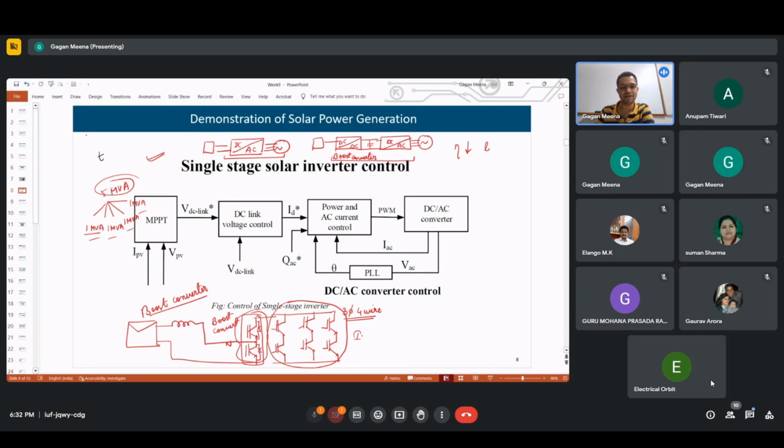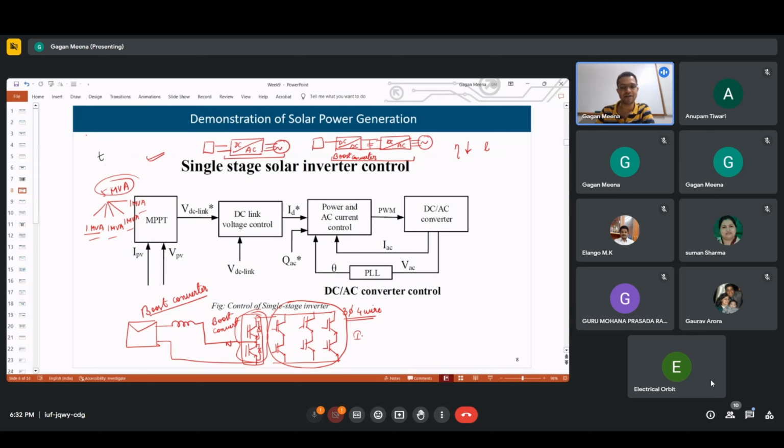After that we have this converter, the back-to-back converter. One is the grid side converter and the other is the rotor side converter, and in between we have a DC link.